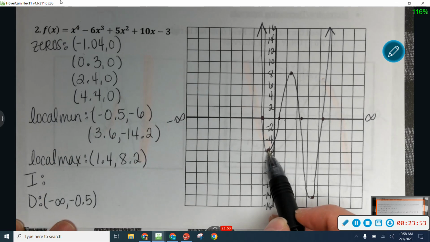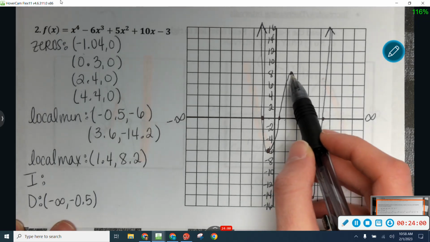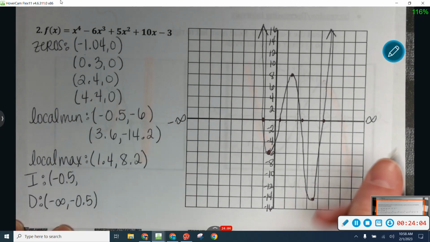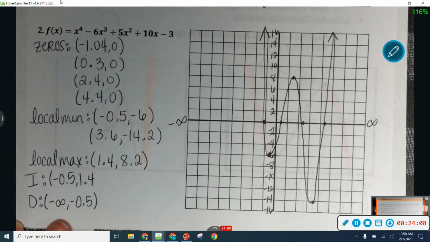And from negative 0.5 to my next high point, I'm increasing. So I'm going from negative 0.5 to my maximum at 1.4.